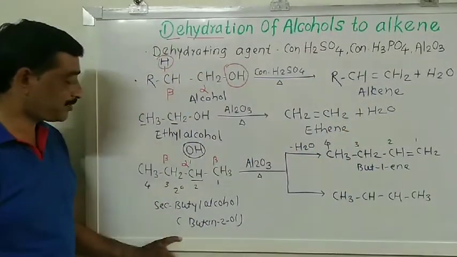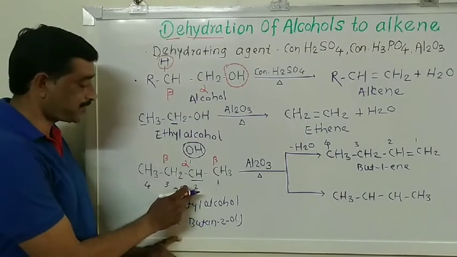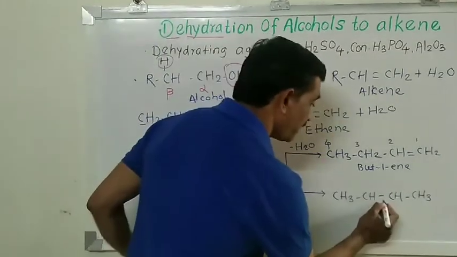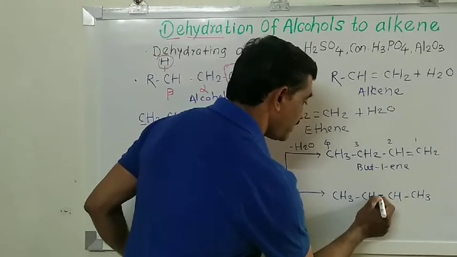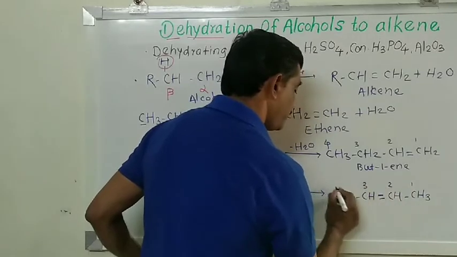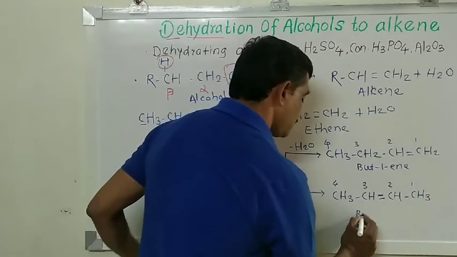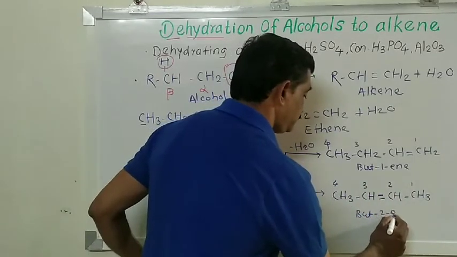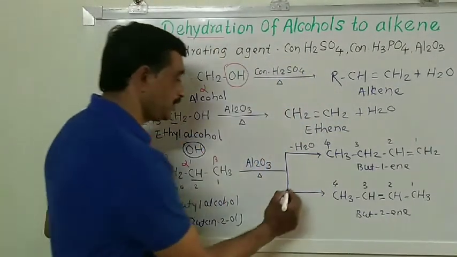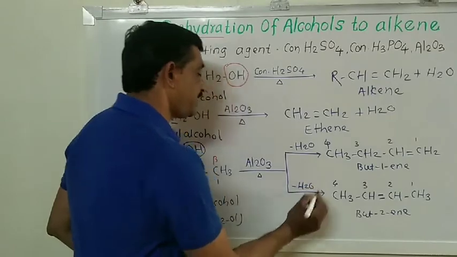The elimination of atoms or groups takes place from the second carbon atom and third carbon atom. So a bond forms between the second and third carbon atom. And when you write the name of this compound, it is but-2-ene.